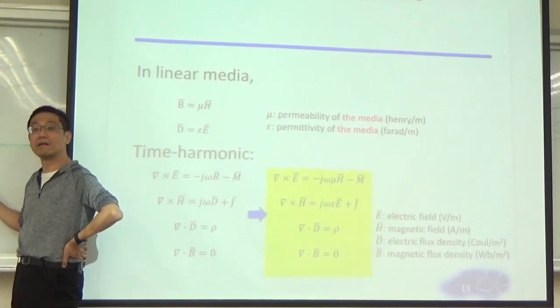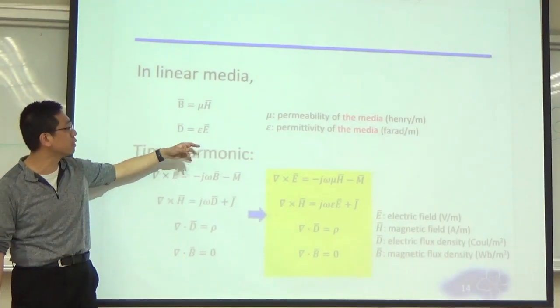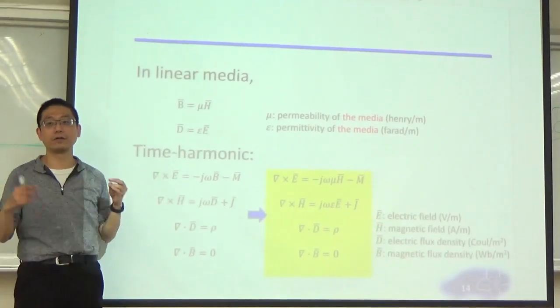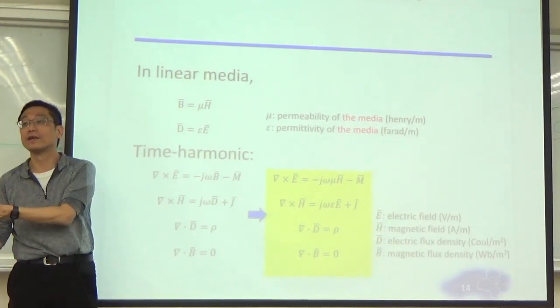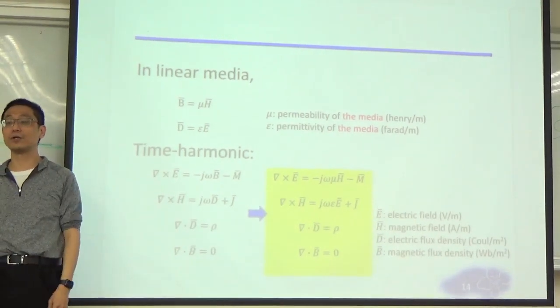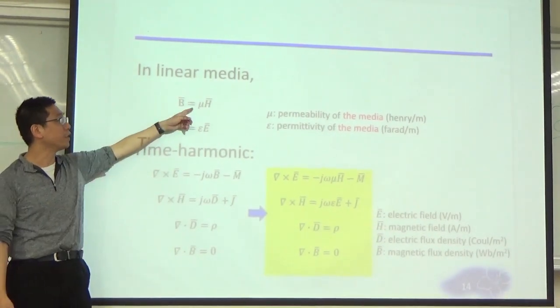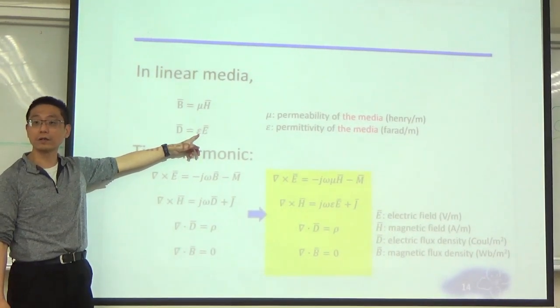It is not linear. But we simplify the question to linear, so mu and epsilon are just a constant, just a number. Don't think too much. But there is deeper research that tries to figure out what if mu and epsilon are functions of location. Okay?